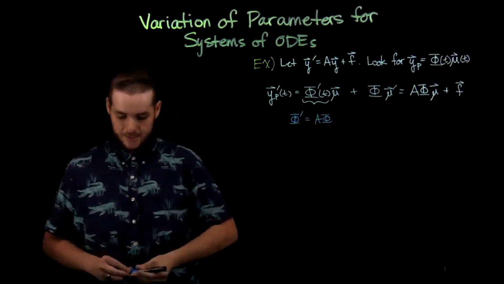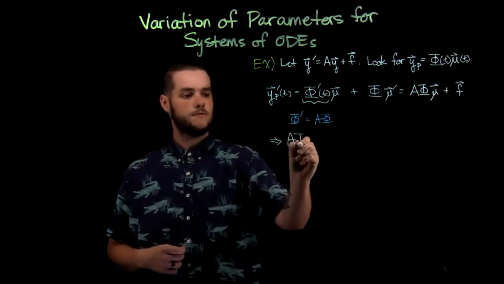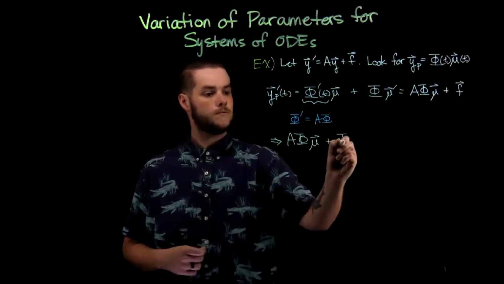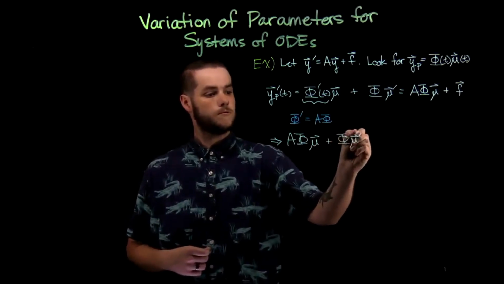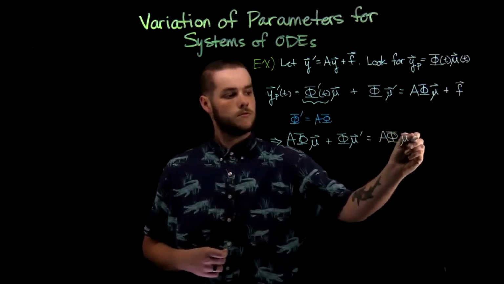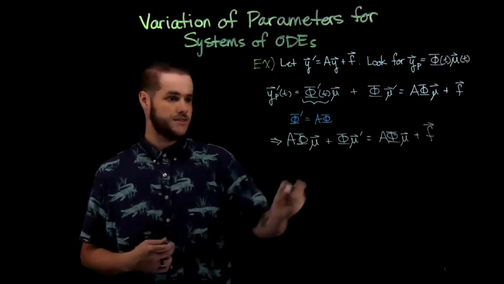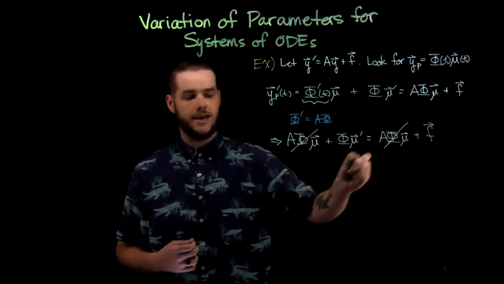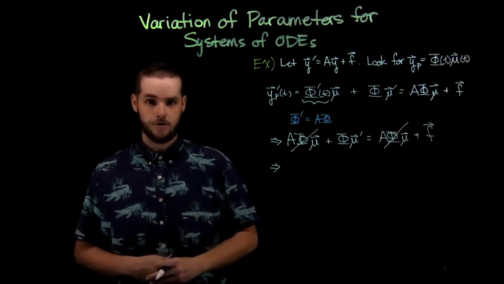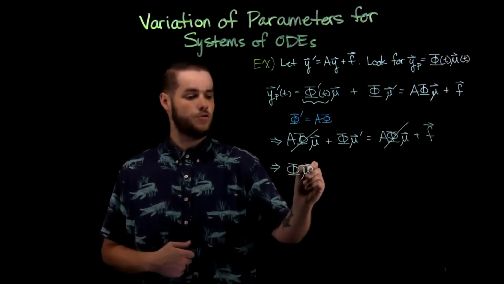And I'm going to make that substitution here to write this line. And you'll notice that I have an A phi mu that cancels from both sides. And now I have a single variable equation, that variable being mu prime.